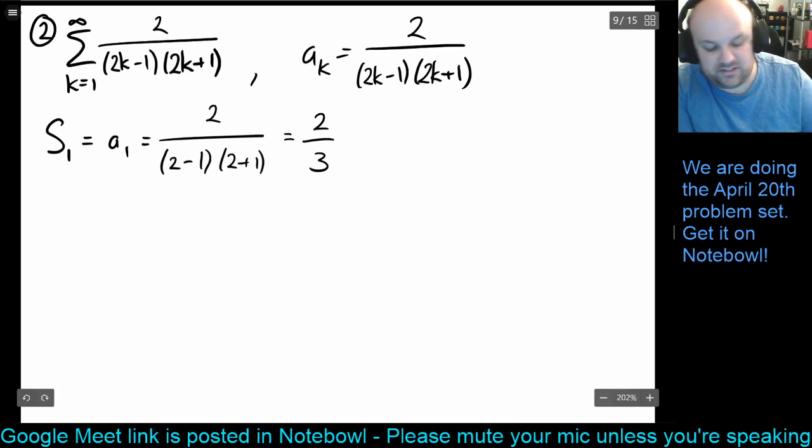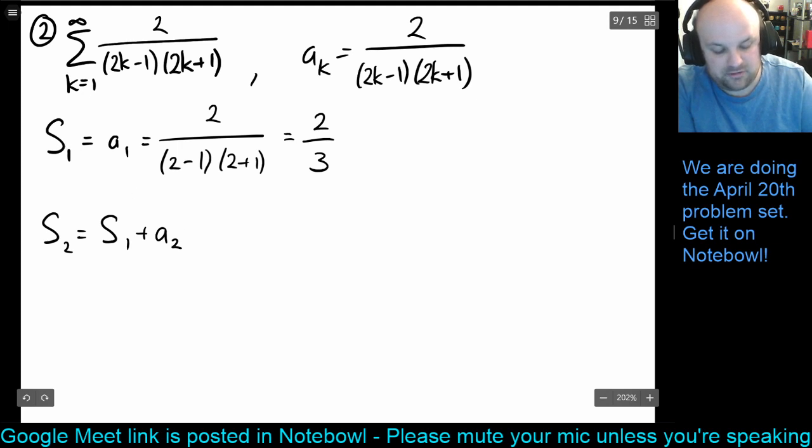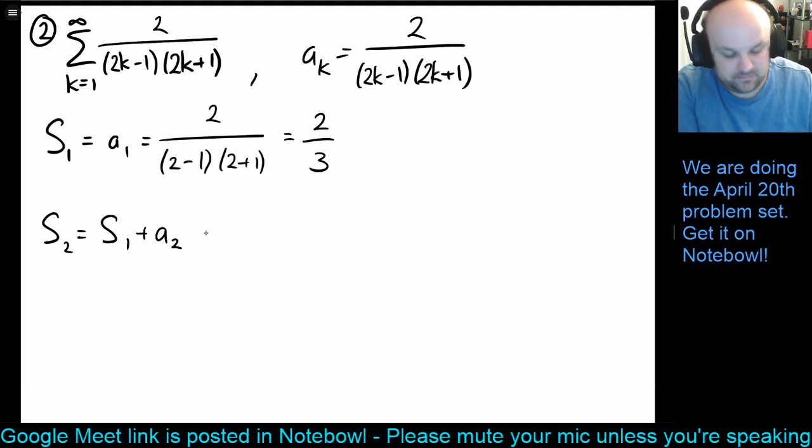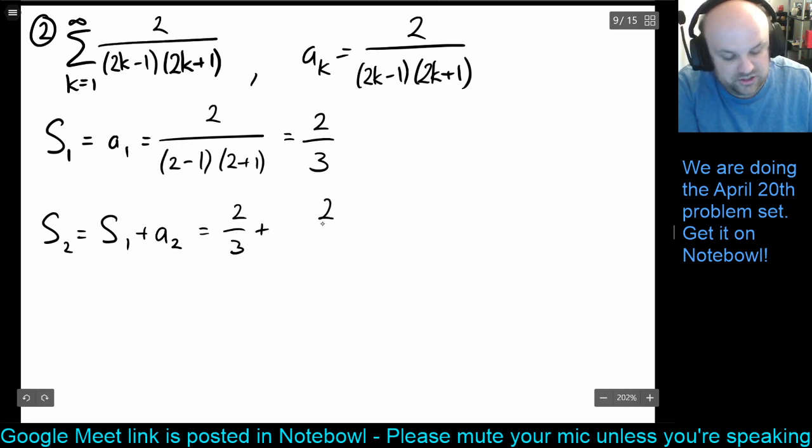Cool. Let's do the next one. S2 is going to be, I want to keep the pattern here of saying it's the previous sum plus the next term. So S1 plus the next a. So this is going to be 2/3 plus 2 over (4 minus 1)(4 plus 1).